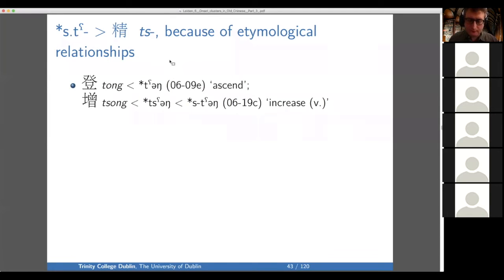Okay, now we have this pair, and this one is a little more tricky, right? Because you have to posit this intermediate step. So ascend is tongue, and increase is thung, and then they propose that this tsa initial, because we know it's etymologically related to a ta initial, began life as sta.